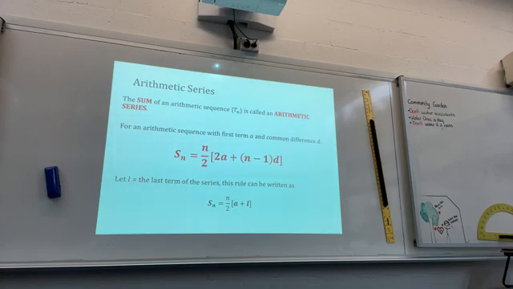Alright? Think about it. When we look at 1 plus 2 plus 3 plus 4 plus 5 up to 100, we know the sequence is 1, and then plus 1, plus 1, plus 1. D is 1, A is 1.